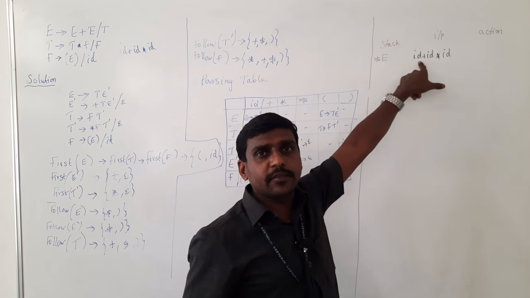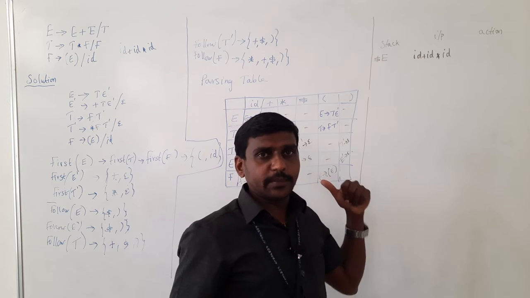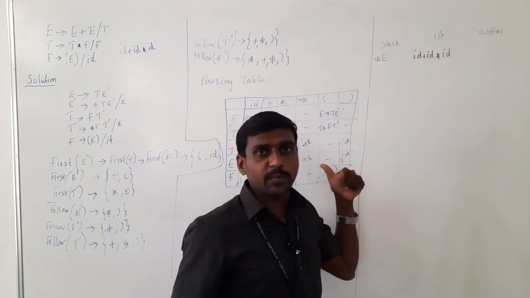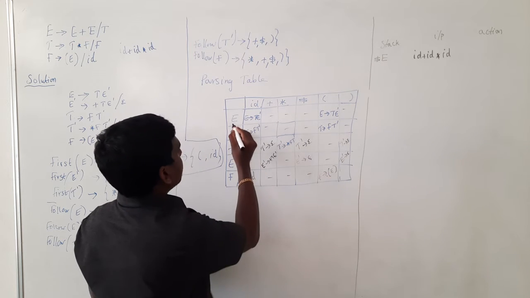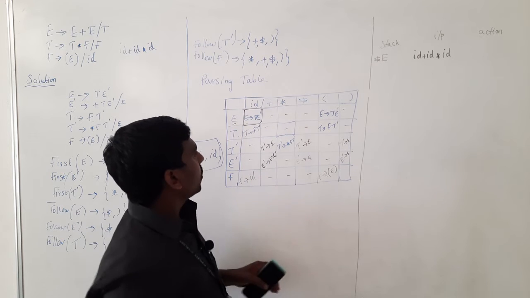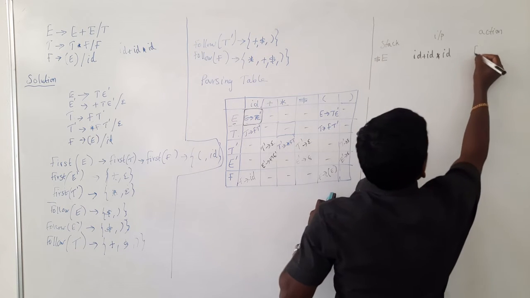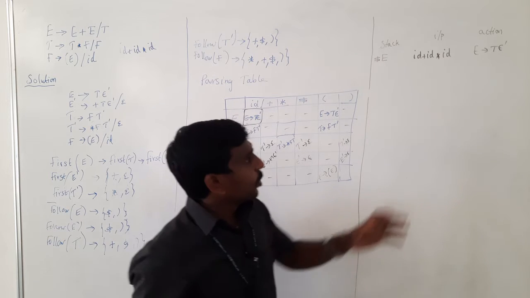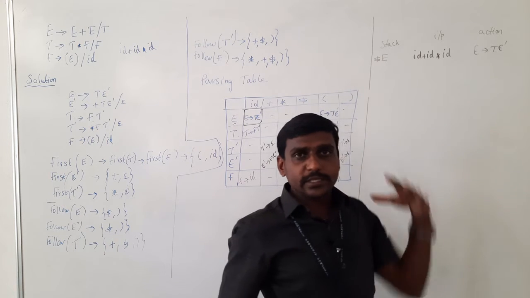So what do we have to see? We have to look up into the parsing table. That is the behavior of the parser, that is the rule. So E, ID: the production is E tends to T E dash. That means we want to push this T E dash into the stack.